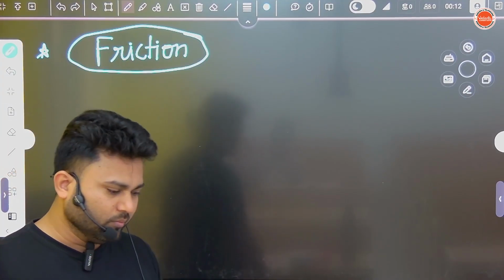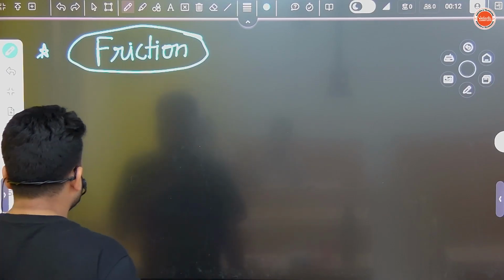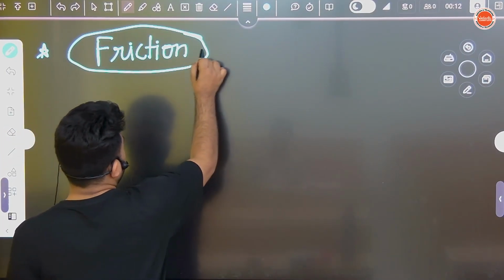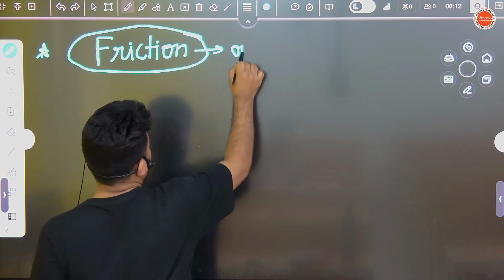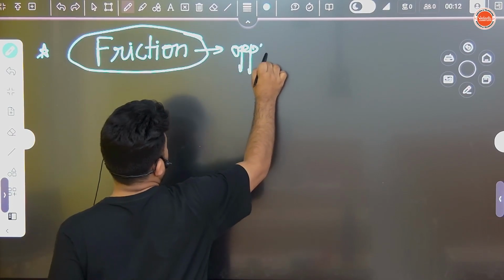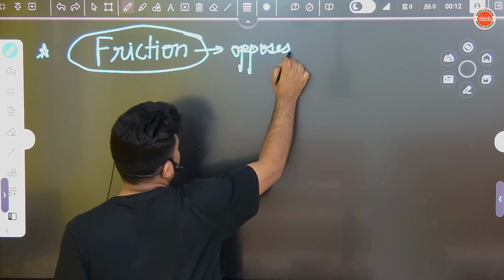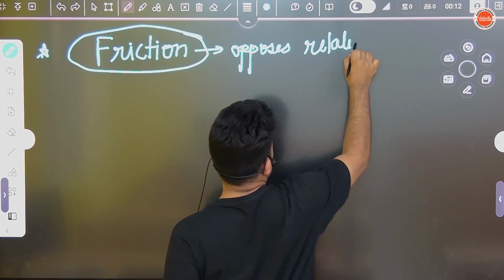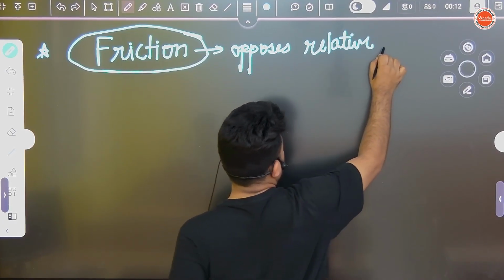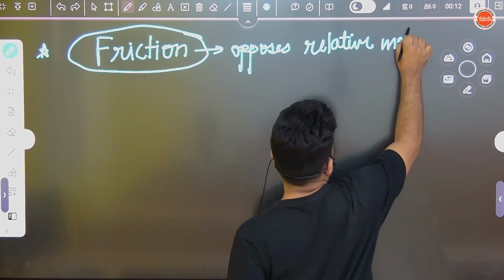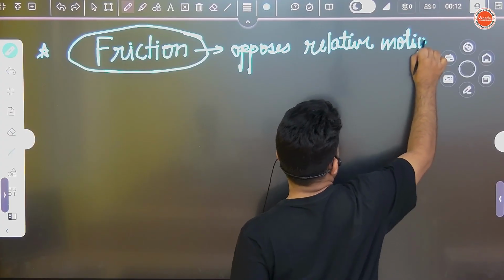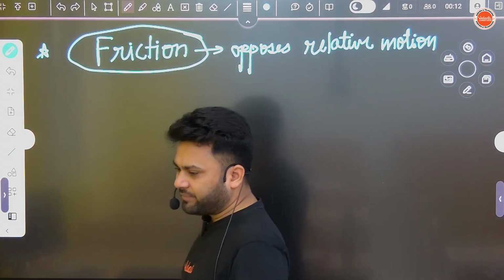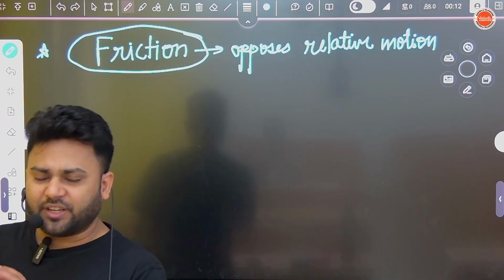Correct. So see, what is friction? Friction opposes relative motion. Friction is something, not going into much detail, which opposes.